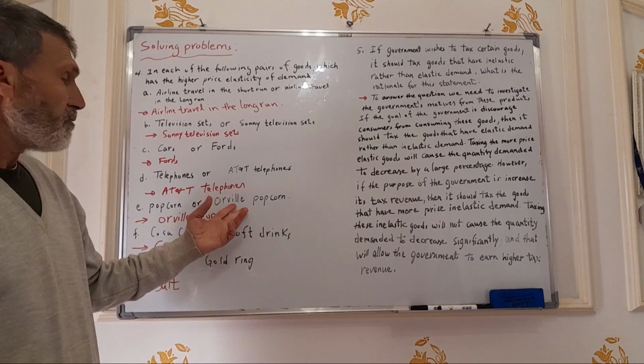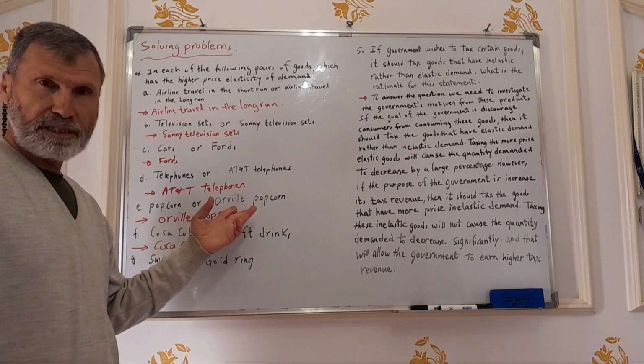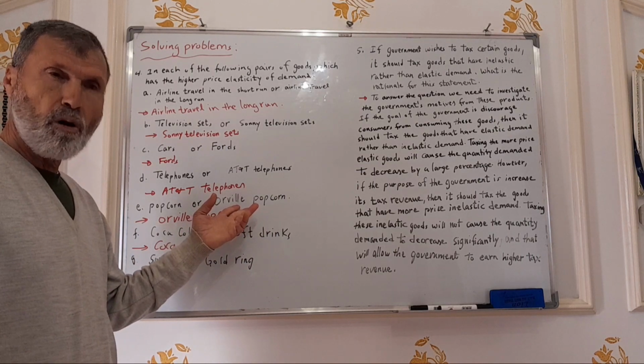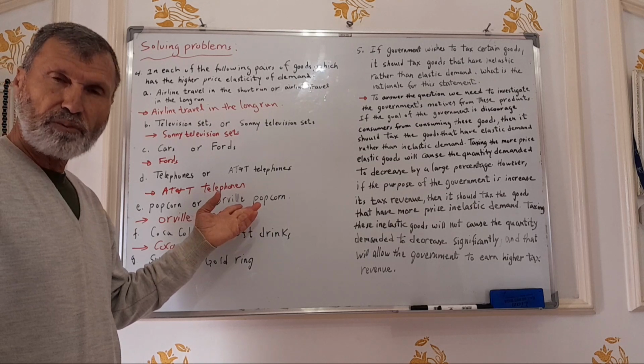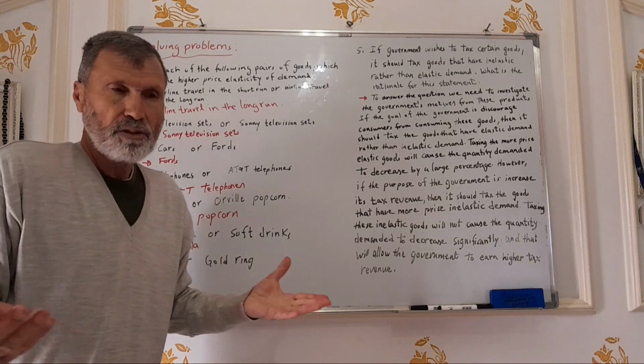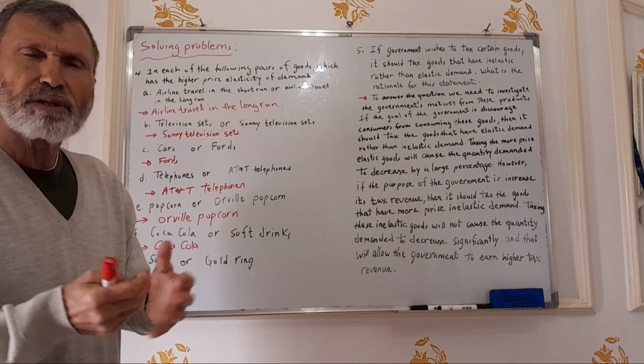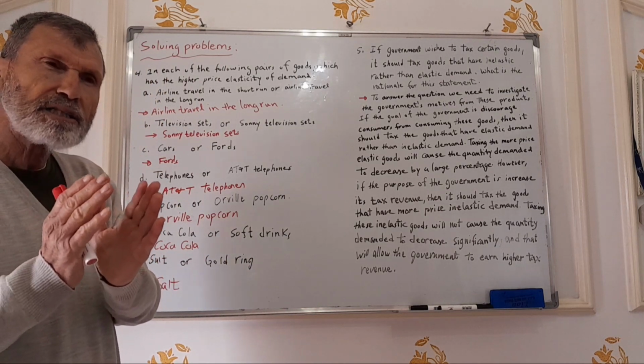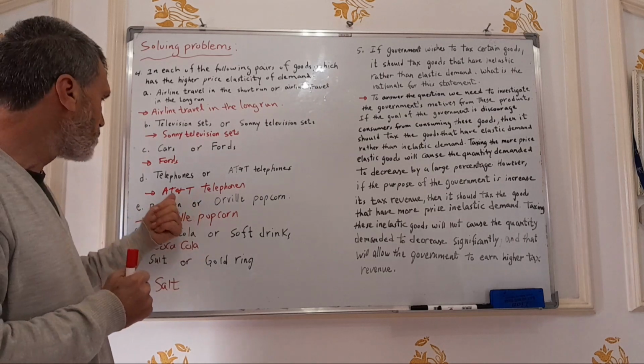So here you have more substitutes, more kinds of popcorn. However, popcorn as popcorn, I don't know how many substitutes it has, perhaps a very small amount of substitutes for popcorn.